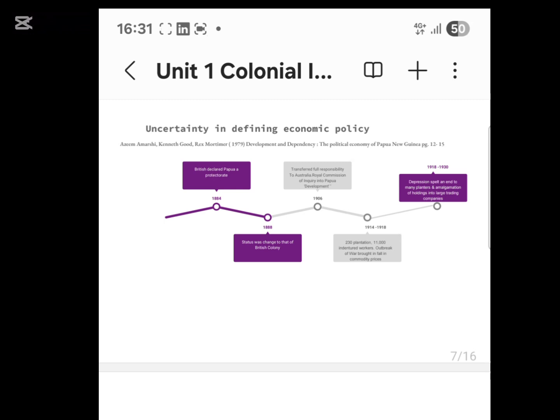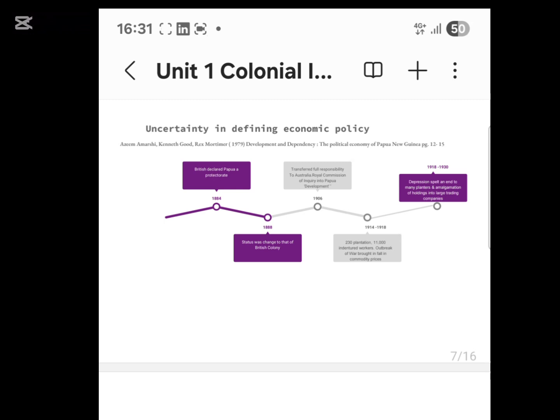1914 to 1918, World War I affected any sort of development in the Papua region. Okay? By then we had 230 plantations, 11,000 indentured workers, and then the outbreak of war affected commodity prices.